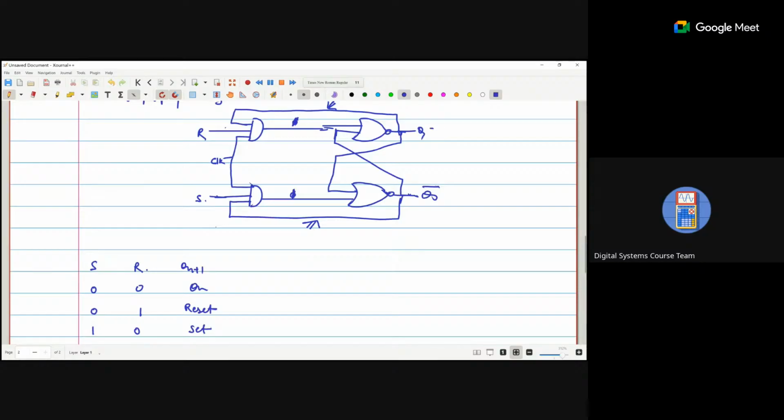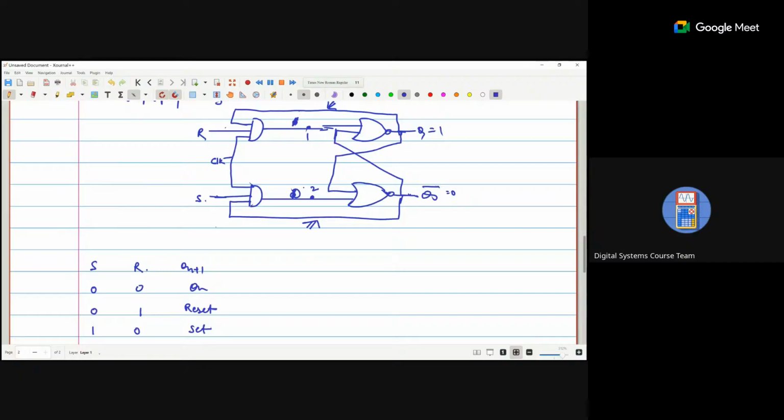If Q is 1, Q bar is 0, so here we get 0. So at points 1 and 2 it will never be 1, 1 at the same time, because one is connected with Q and the other with Q bar. So we avoid the invalid condition.